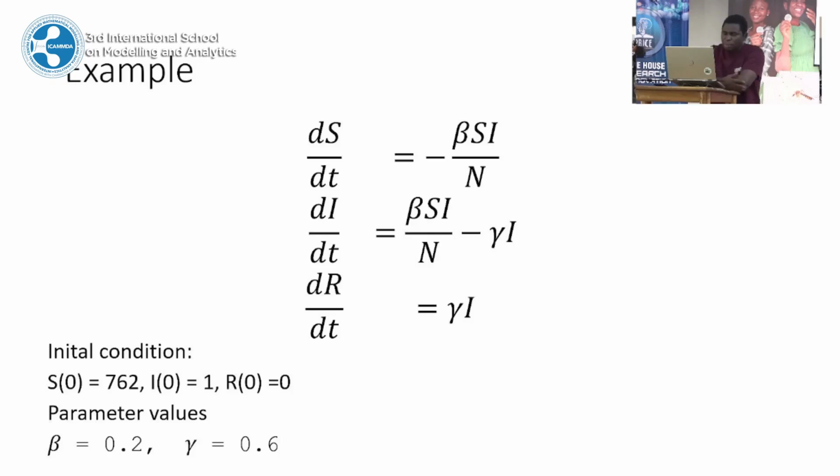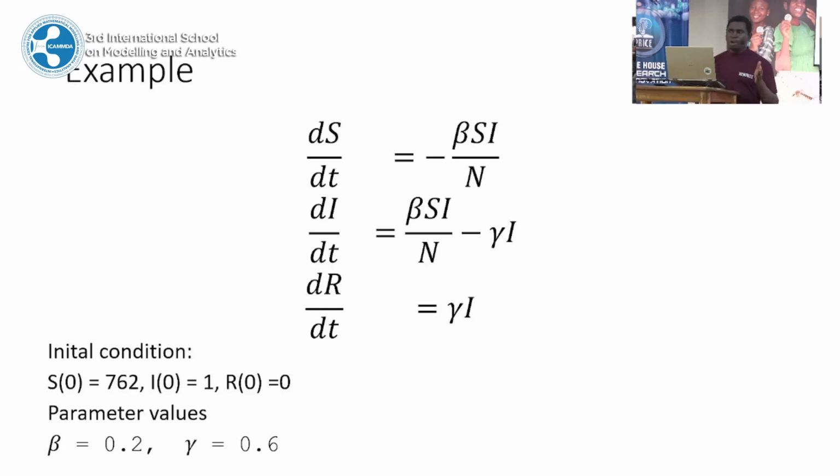So we have this example where we have this epidemic model, a very simple one, and this time around we are not specifying general initial conditions again. We are specifying specific initial conditions where we are saying that at initial time the susceptible people are how many? 762. And at initial time the infectious individuals are how many?